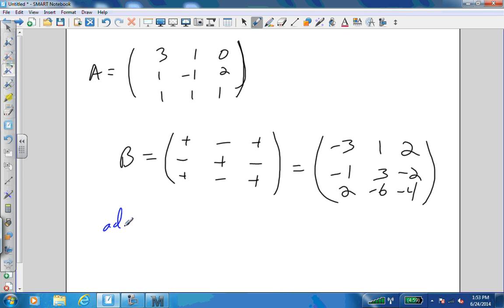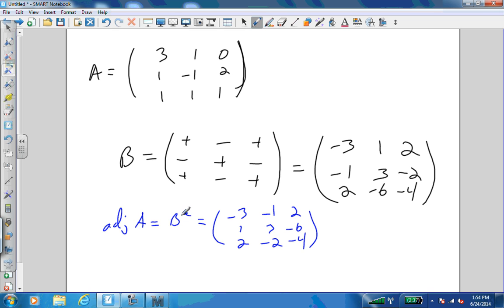So the adjoint of A is the transpose of that. So if we take that and transpose it, our first row becomes our first column. Our second row becomes our second column. Our third row becomes our third column. Or you could say first column becomes first row, second column, third column.